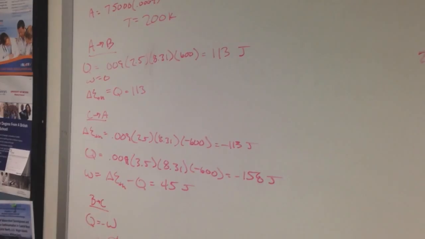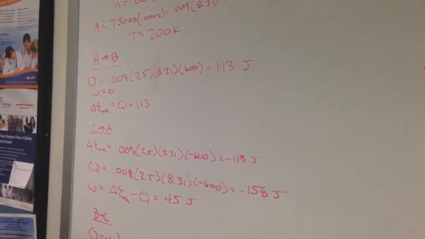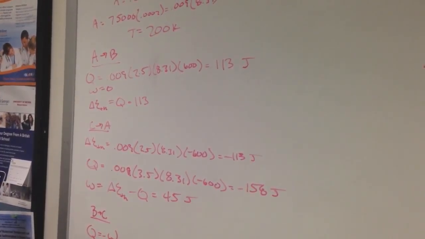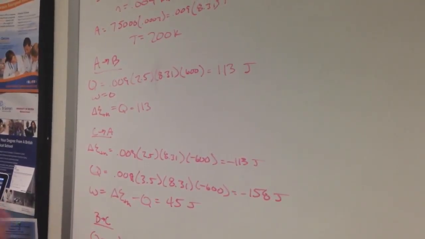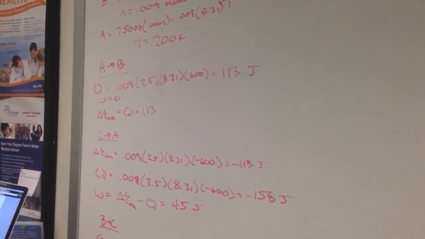So we know that in this process, Q is equal to the number of moles times CV times the change in temperature.